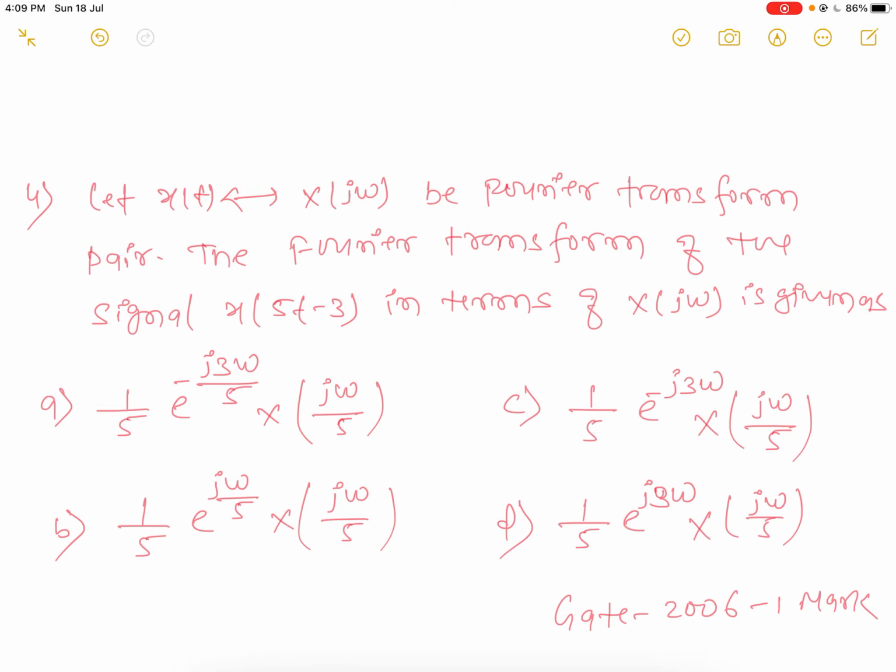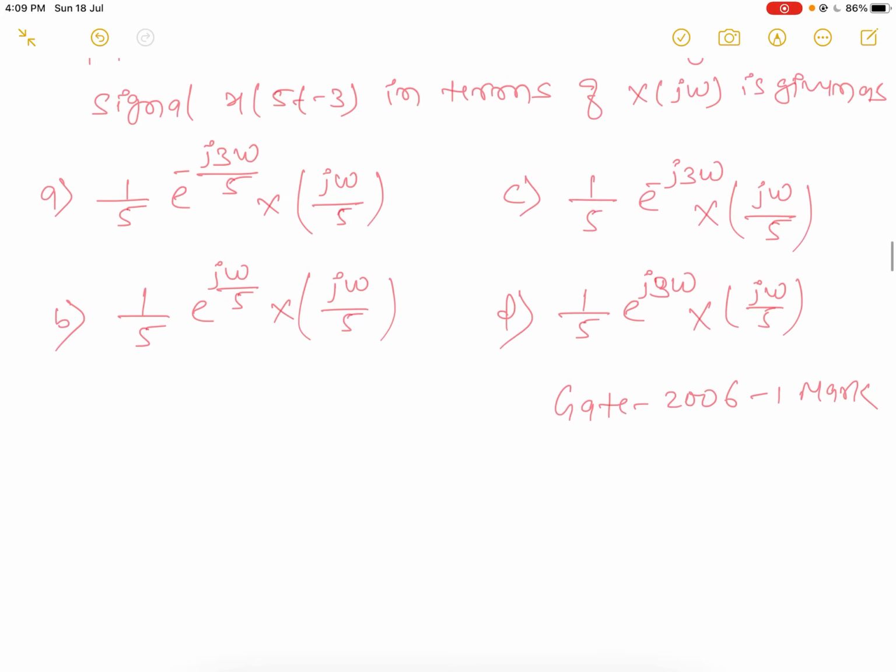Now comes to the next question. x(t) has Fourier transform X(j omega), the Fourier transform pair. The Fourier transform of the signal x(5t minus 3) in terms of X(j omega). Very simple, here also shifting and scaling.